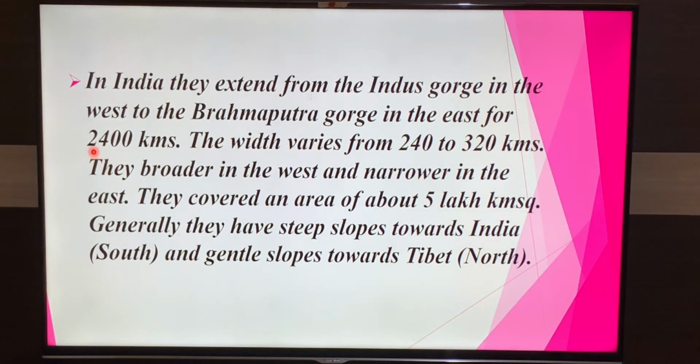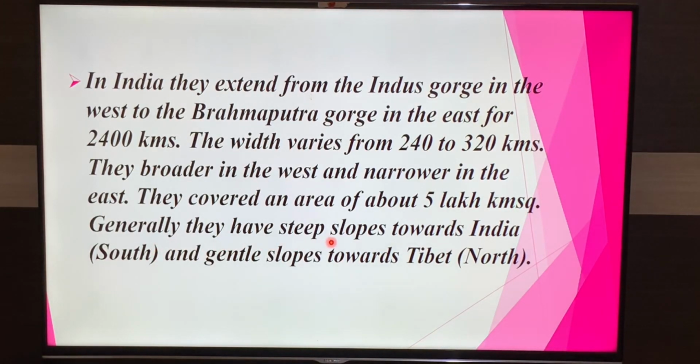The width varies from 240 to 320 kilometers. So they are broader in the west and narrower in the east. They cover an area of about 5 lakh square kilometers.